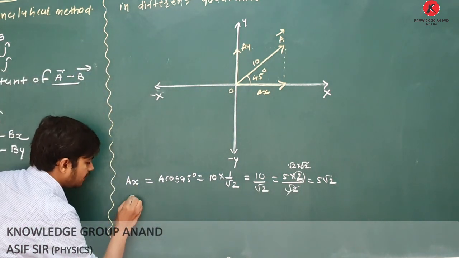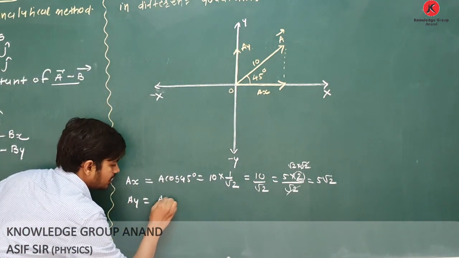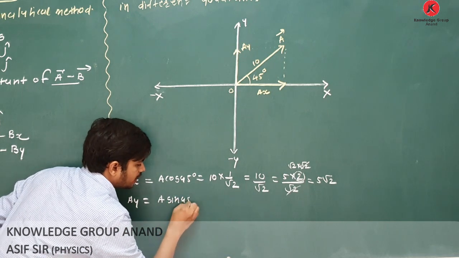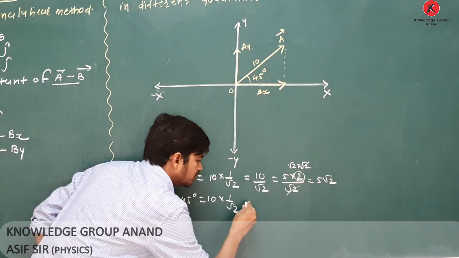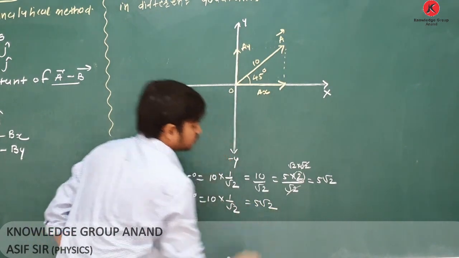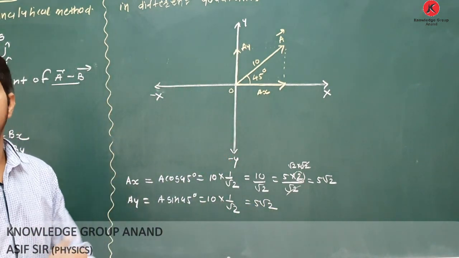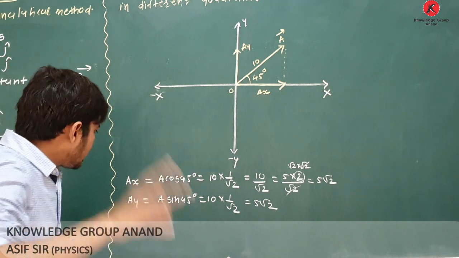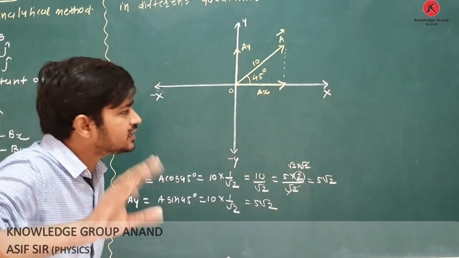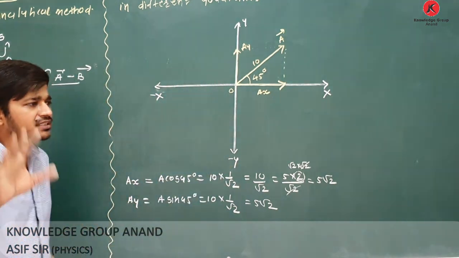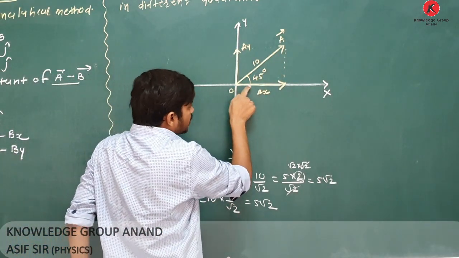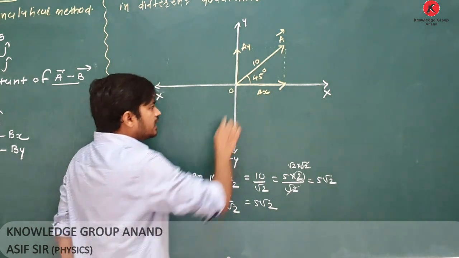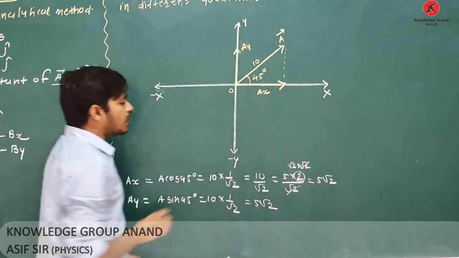Similarly, if you find Ay, it is A sin 45, which is 10 into 1 upon root 2. Yes, your answer will be the same. It is 5 root 2. Clear about this? So now, how to write this vector A? See, vector A, its x component is in the positive x direction and its y component is in the positive y direction.